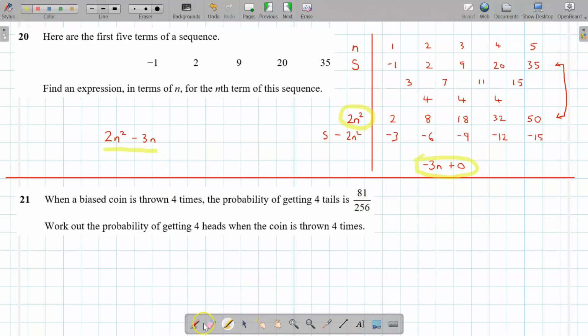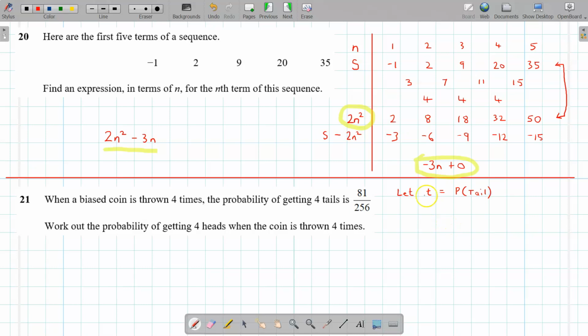Next question. There's a biased coin, all right? So it's not a fair coin. And it's thrown 4 times, and the probability of getting 4 tails is 81 over 256. So I'm just going to say, let t equal the probability of getting a tail.